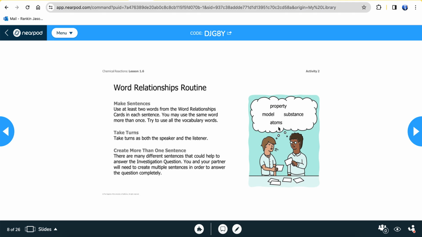So using some of these words, we use models to represent or to show atoms because atoms are too small to be seen with the naked eye.